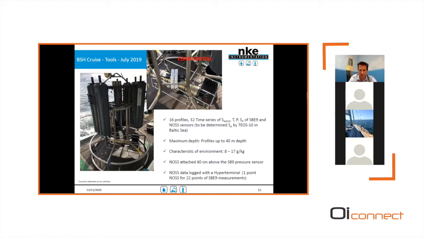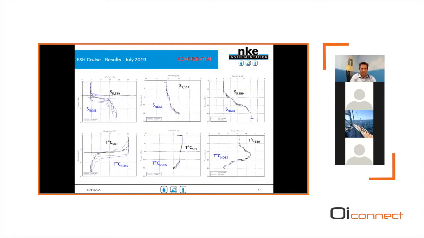So nodes data were logged with HyperTerminal. So we acquired 1 point of nodes for 22 points of SB9 measurement. That's why it looks like some profiles. So on the blue line, we have the salinity nodes between 0 and 30 meters of depth. And the black line is the reference salinity.